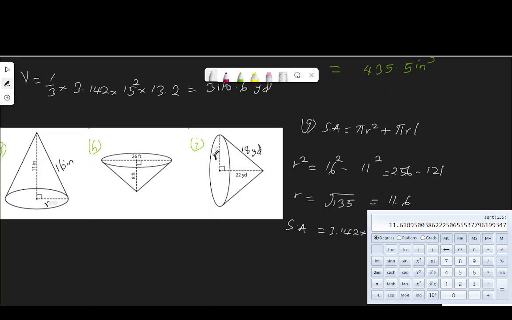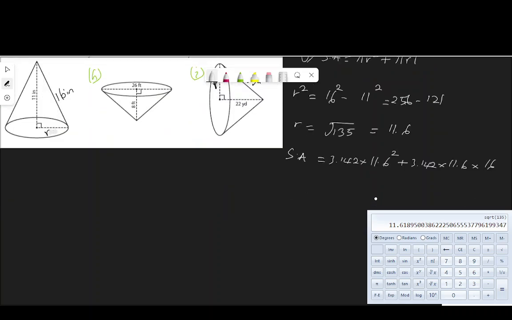Let's put that into a calculator. 11.6 squared will be 135. 135 times 3.142 is 424.2.